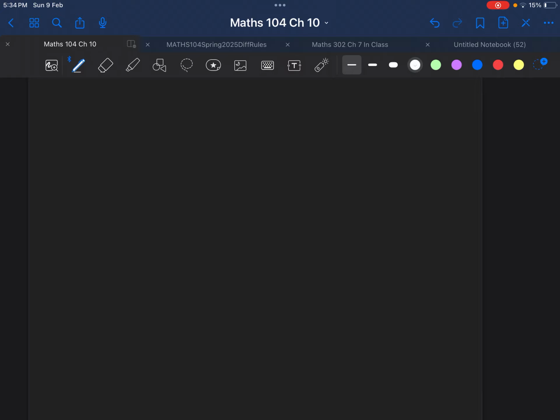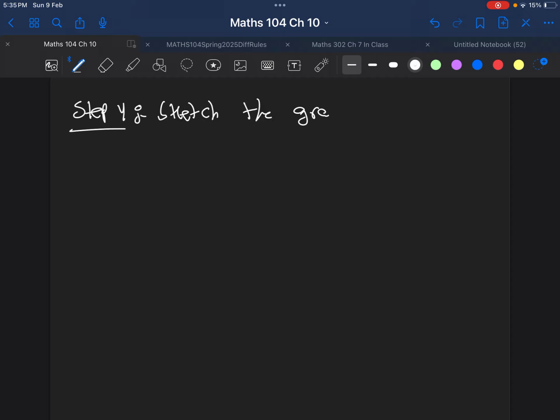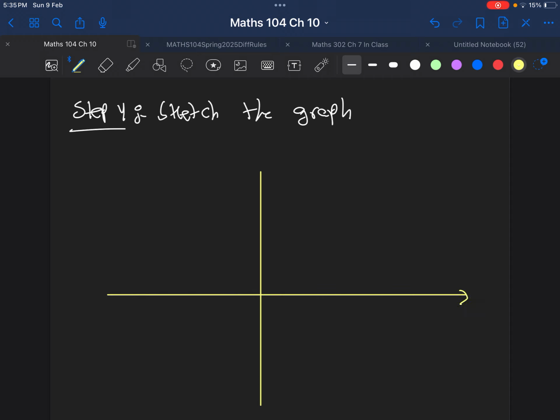Now, in this question, I've been asked one more step, which is we need to sketch the graph. So let's use all this information to sketch the graph of this function. In order to sketch the graph, you need to have an x-axis and y-axis.